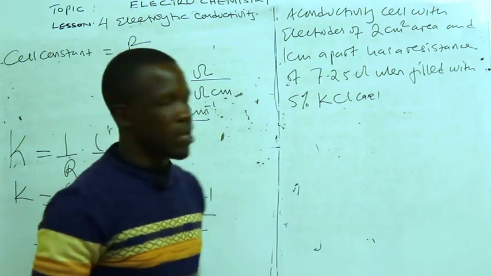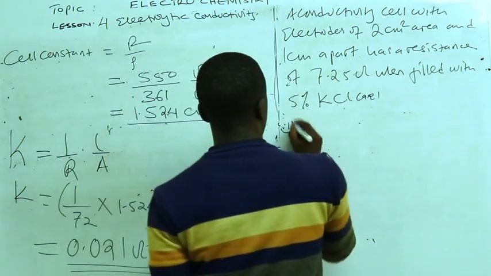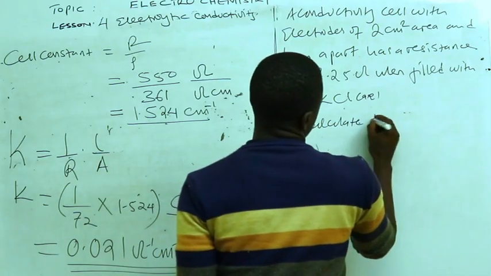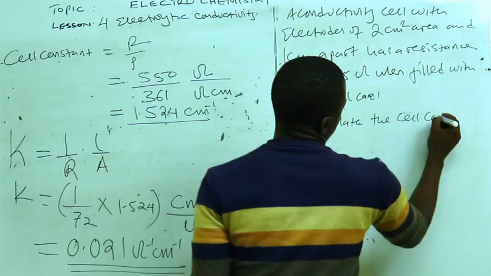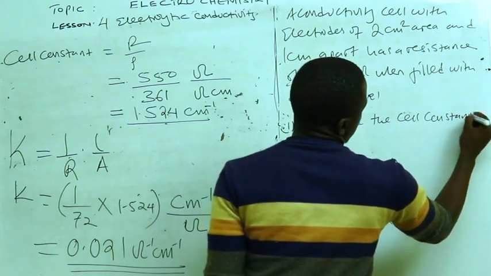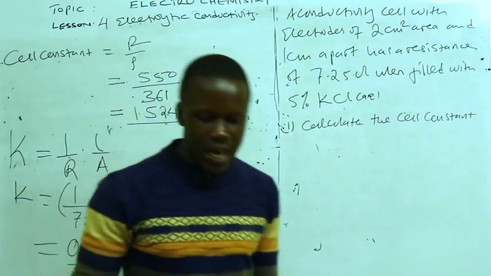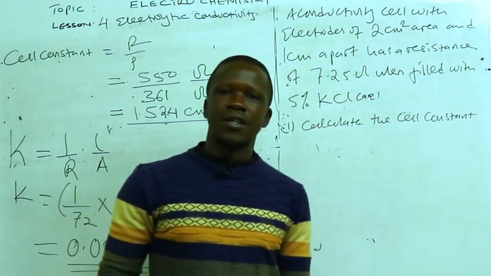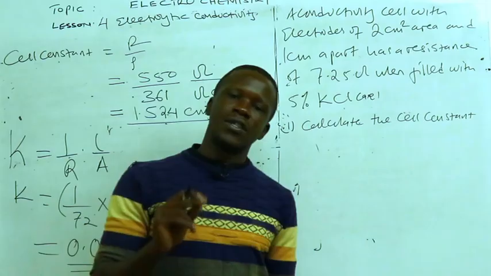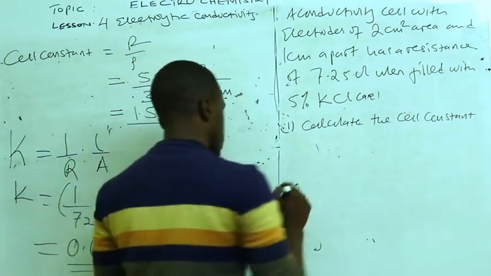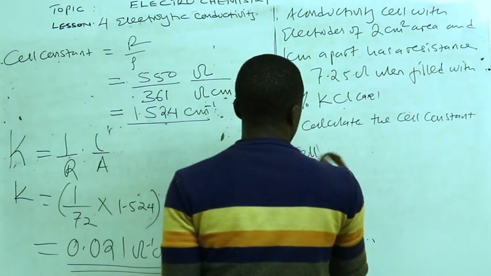And the first question is saying, Roman 1, can you calculate the cell constant? What do we mean by cell constant? Cell constant is the ratio of the length over area.